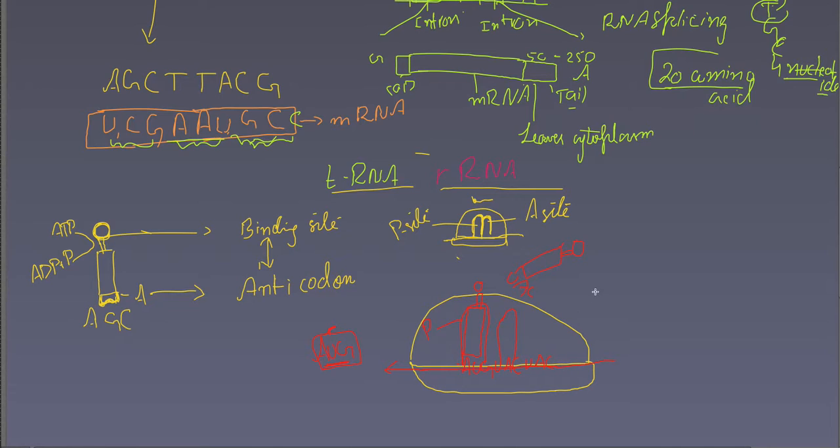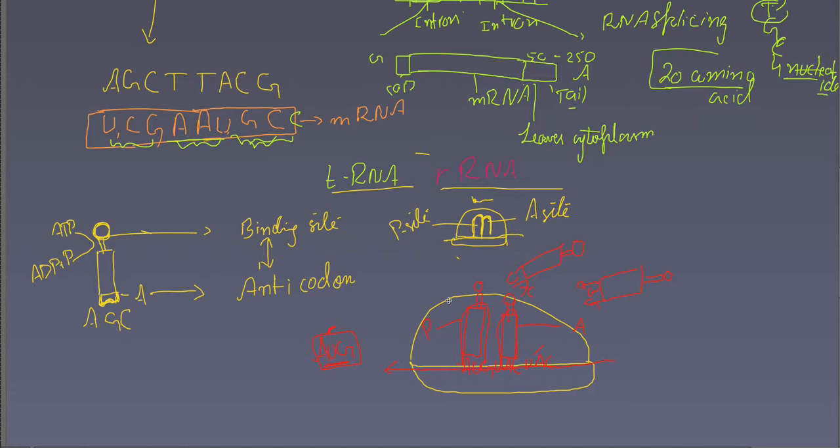So now another tRNA molecule comes along with its amino acid, and if you have UAC, this anticodon should be A, U, and G, and this molecule with this anticodon comes along to the A site and attaches itself over here.